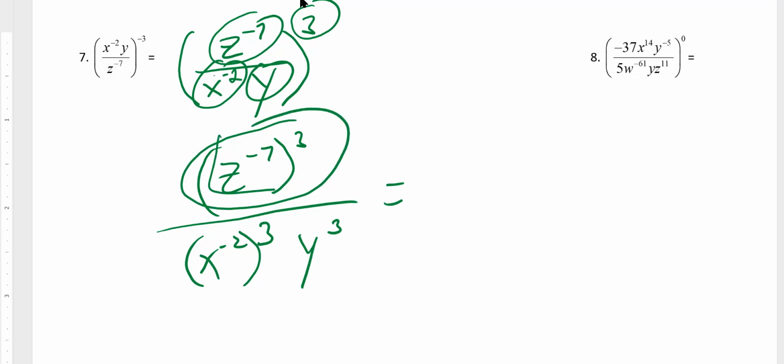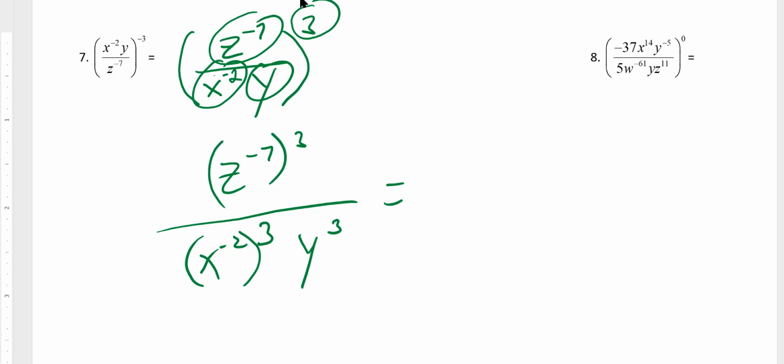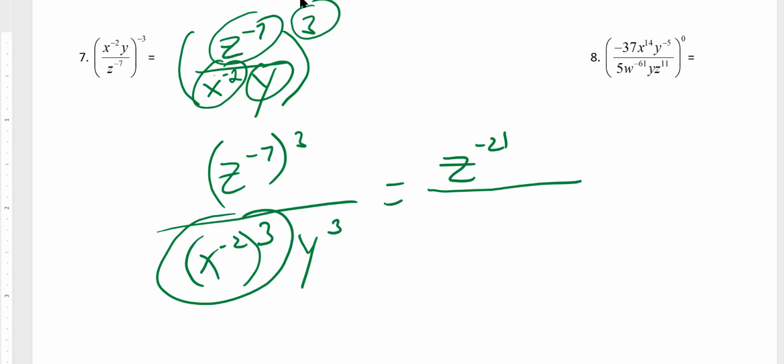When you have something raised to a power, and that's further raised to a power, and that's what we have going on here, the rule is that you multiply the powers. So that will be z to the negative 21. Likewise, you'll multiply the powers, so x to the negative 6, and you're going to have y to the 3.